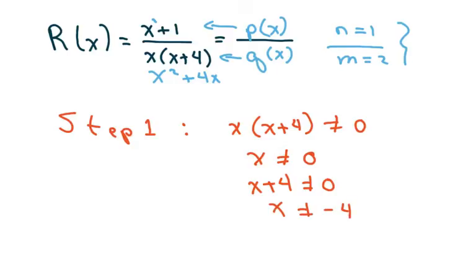So my domain is all real numbers such that x cannot be negative 4 and x cannot be 0. That's step 1, the domain.